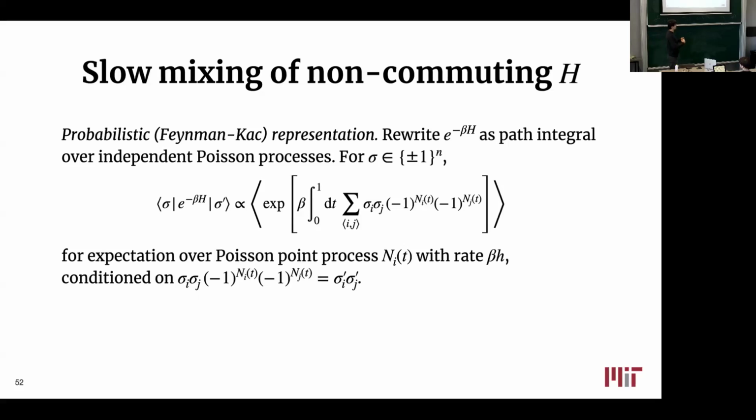It starts at 0, and at time t, the value of N_i(t) is Poisson distributed with parameter beta h t. And you condition on the fact that when you run your path, you go from sigma to sigma prime. You can also write it the other way, it's symmetric. This gives you a very good handle on how to compute quantities, because now you can write everything and just evaluate expectations of your Poisson processes.